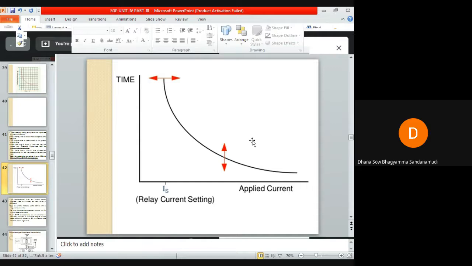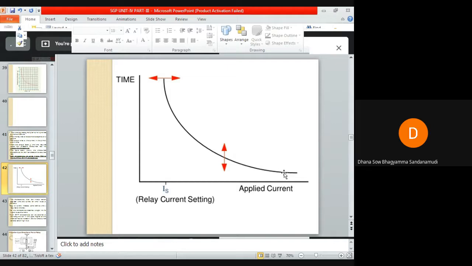It requires some minimum time to operate. If the current exceeds a certain value, after this margin, even though the fault current is increasing, the time of operation is fixed, it is not varying. So the characteristic becomes almost a straight line at higher fault currents.